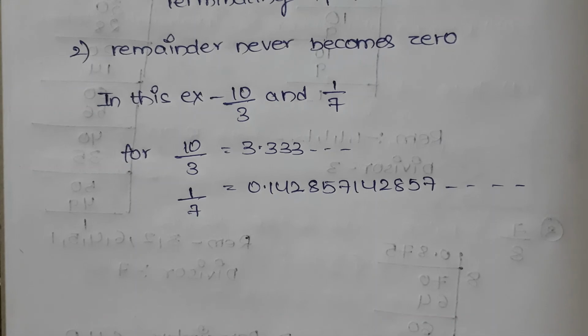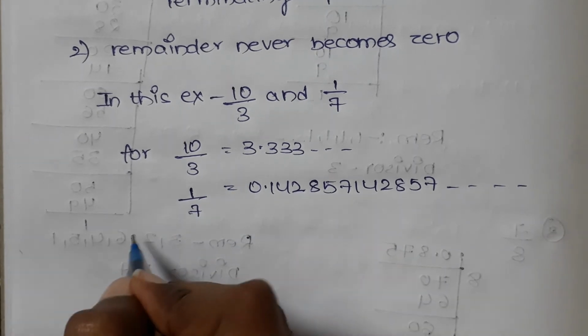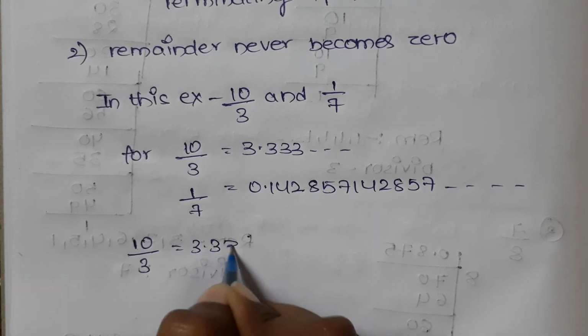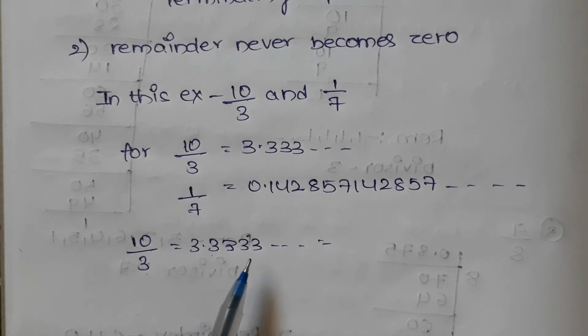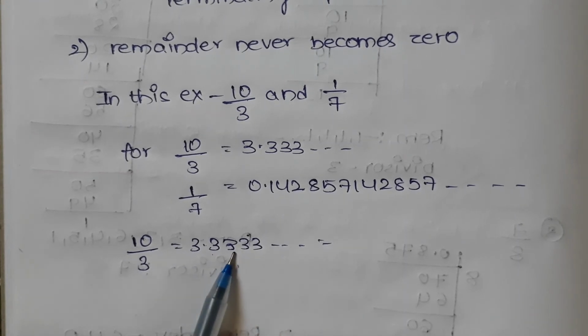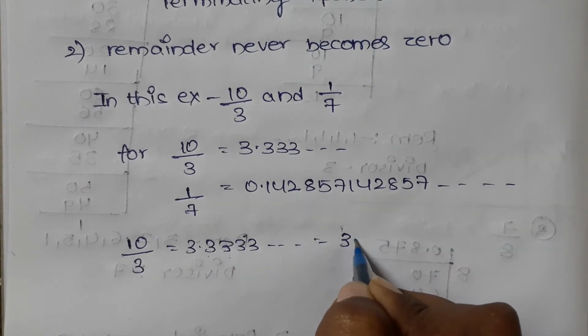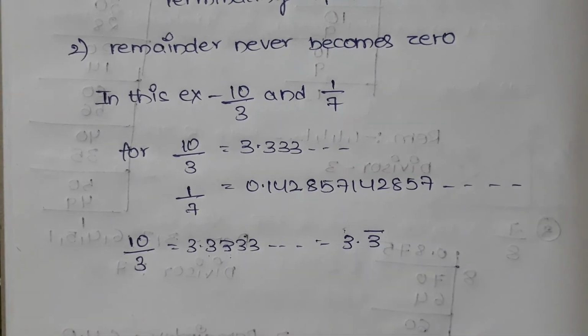Since the same digits repeat in the quotient, 10 by 3 equals 3.333 and so on. Here the same number is repeating in the quotient, so we can write it as 3.3 bar.